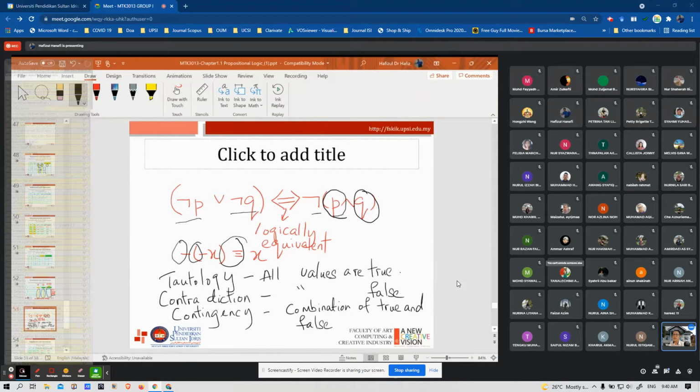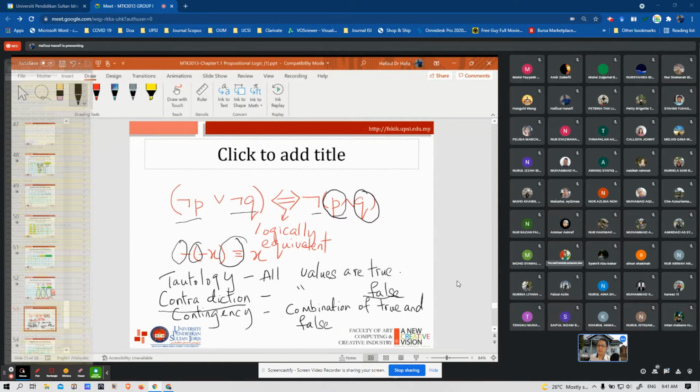And then contradiction, what is contradiction? All the values are false. It contradicts with the tautology. And then we have contingency, a combination of true and false values. We have three here. First we have a tautology.